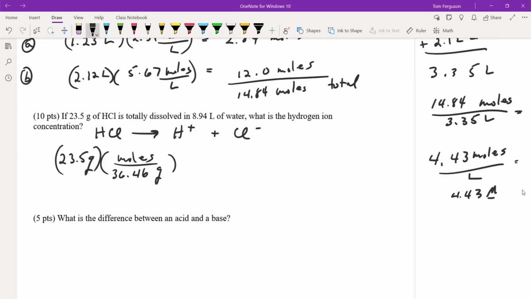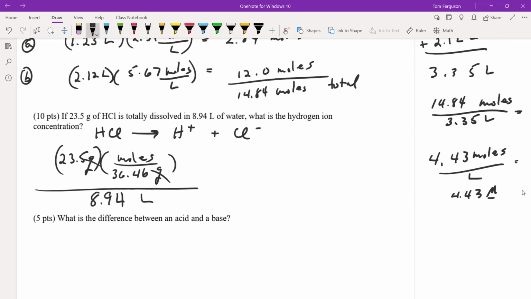Okay, so it'll give us moles of HCl, and all this is over 8.94 liters.